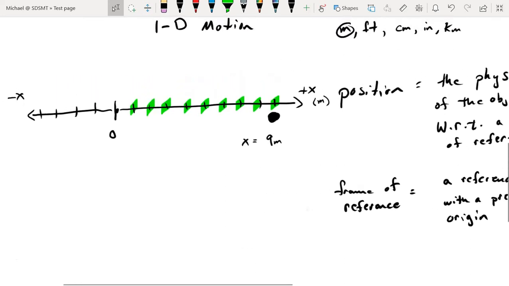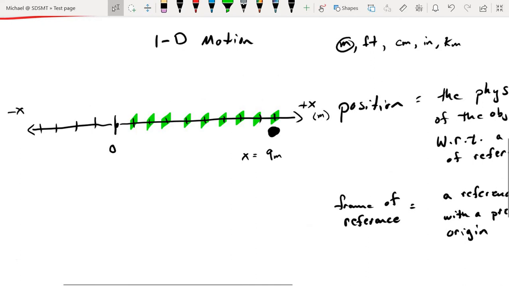Now that I know where this particle is, now we can finally allow it to move. So I'm going to allow this particle to move, and I will move it all the way back here. I'll move our particle back here to this location.